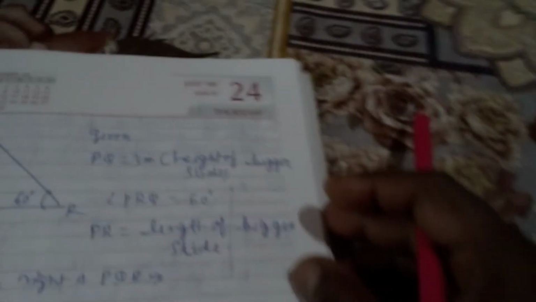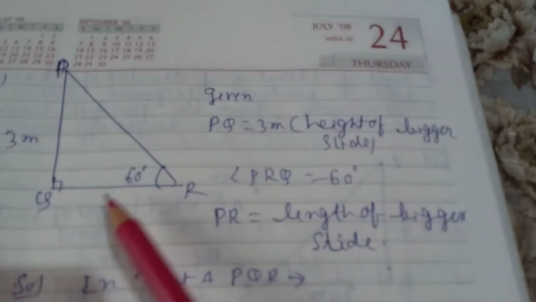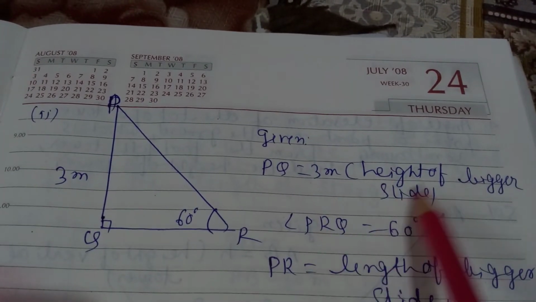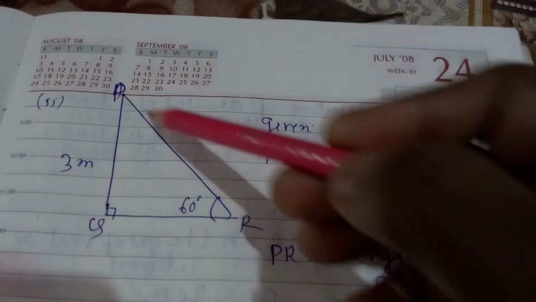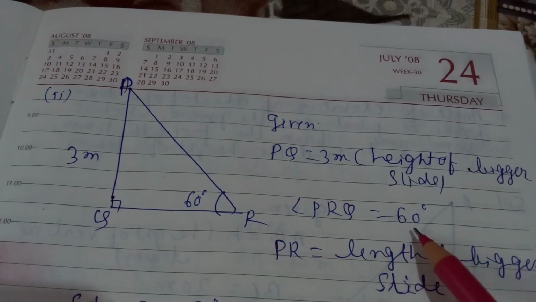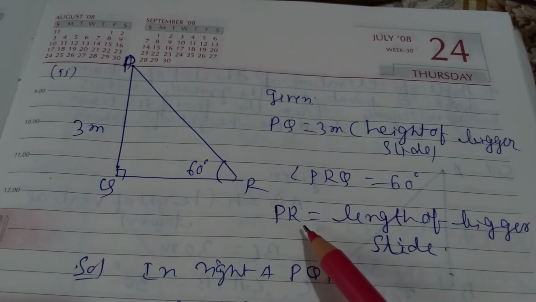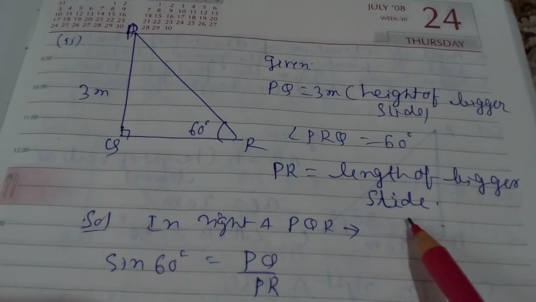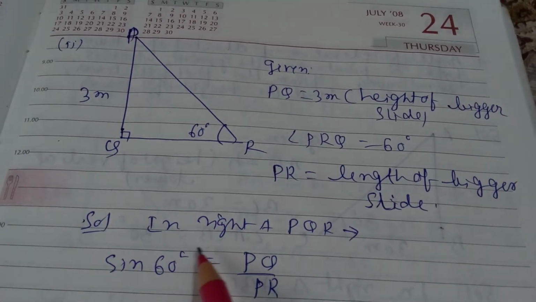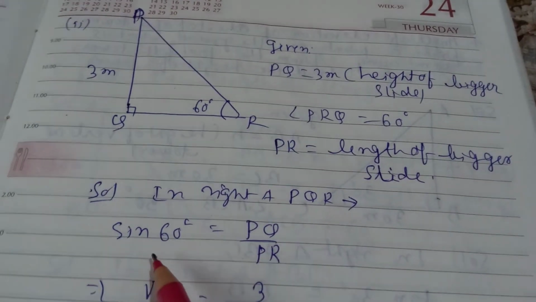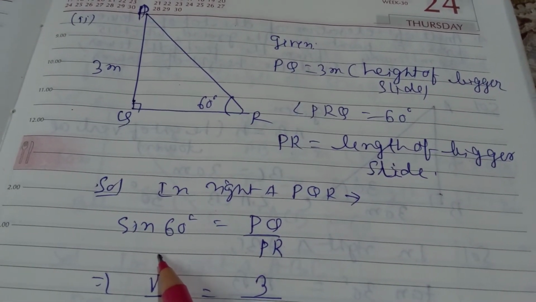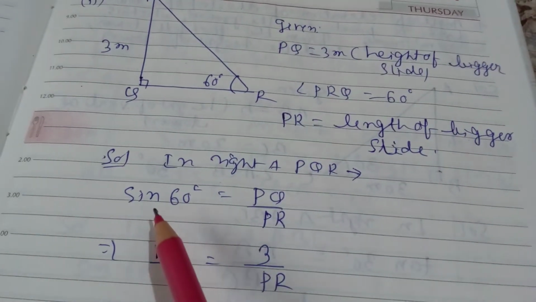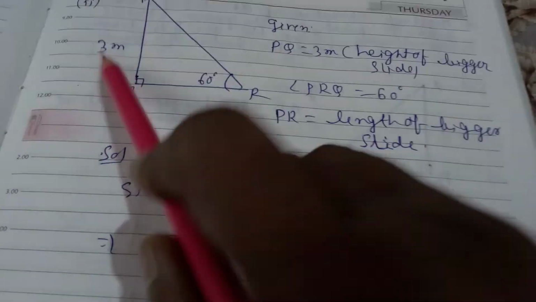And there are two questions. So here PQ is 3 meter, the given height of the bigger slide, and angle PRQ equal to 60 degrees. Same type of math, and PR, that is the length of the larger slide, is to be determined. So again in right triangle PQR, sin 60 will be taken because there is a relation between perpendicular and hypotenuse. Sin 60 equal to PQ by PR.